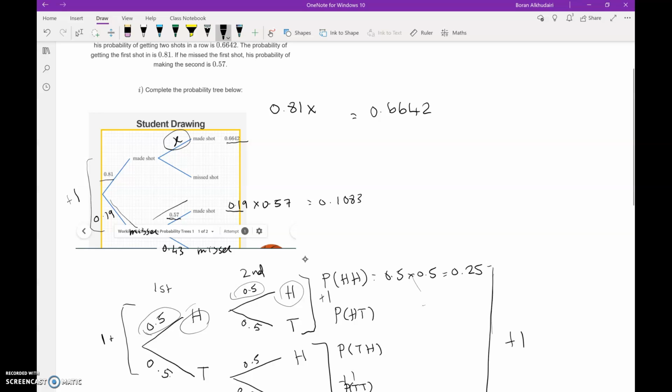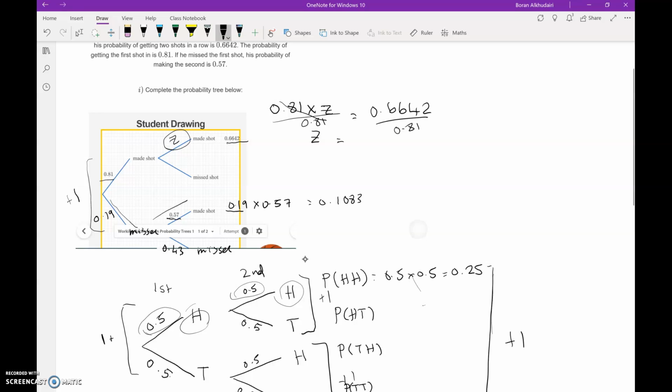Let's say I call it z. So 0.81 times the probability of him making the second shot is equal to 0.6642. In algebra, I have 0.81 times z equals 0.6642. I want to find out what z is.